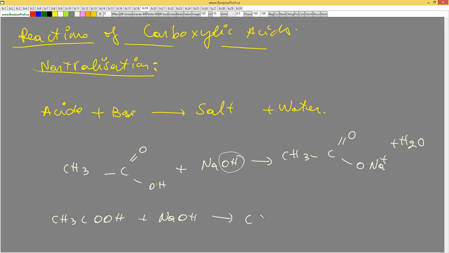It will give you CH3COONa plus H2O. This is salt, and this is water. This one will be aqueous, and this one liquid.